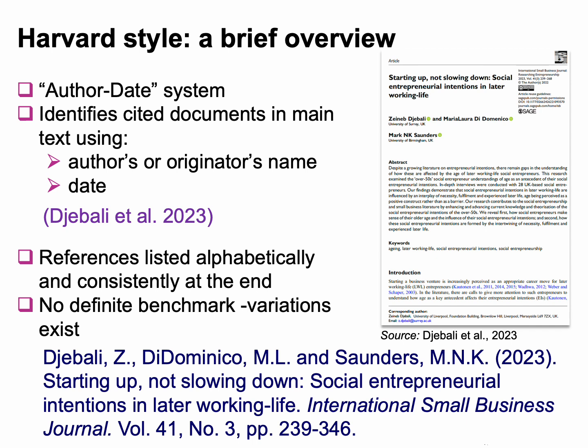So when we get to listing them at the end of the text, we give the authors' names and their initials, in this case Jabali, Di Domenico and Saunders, the date of referencing, then we have the title of the article, the journal in which it was published in italics, the volume number, the part number, and then the pages.